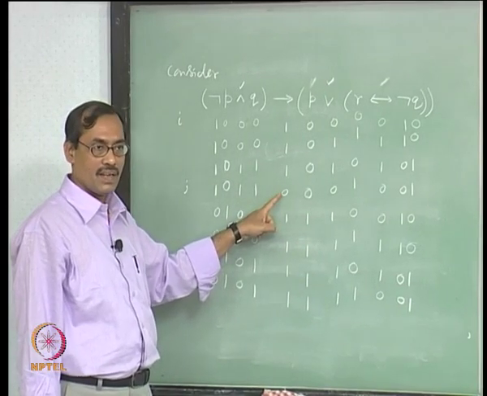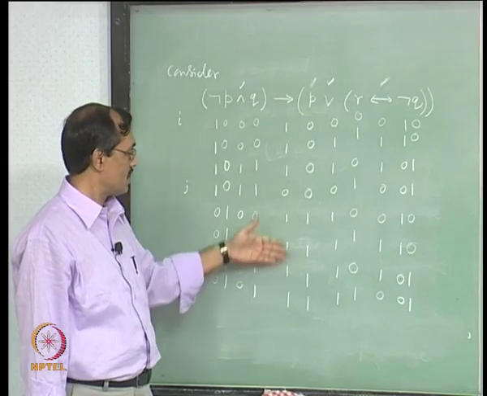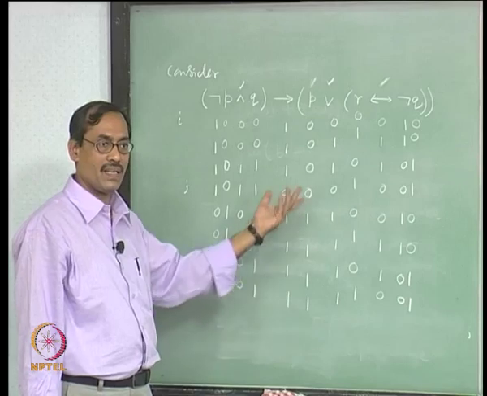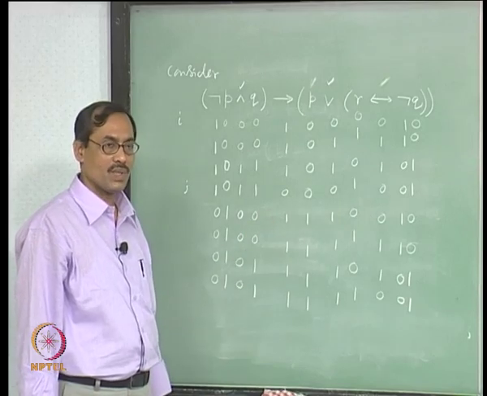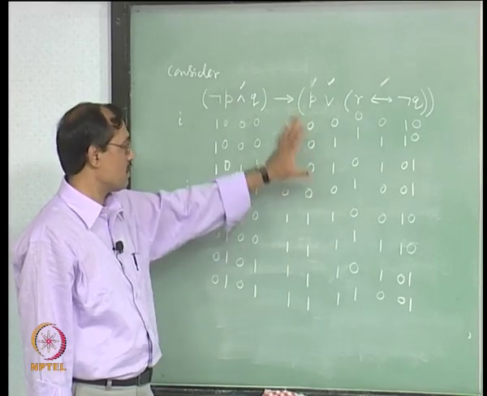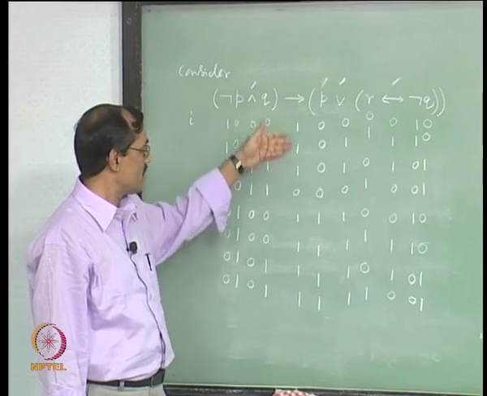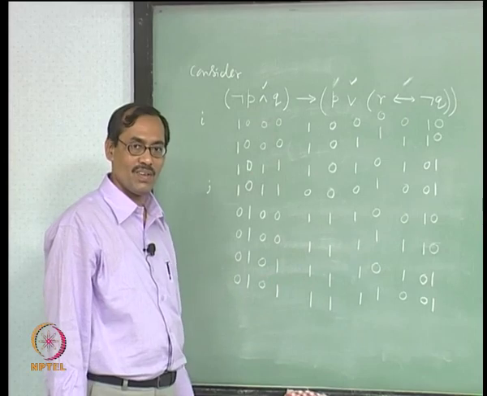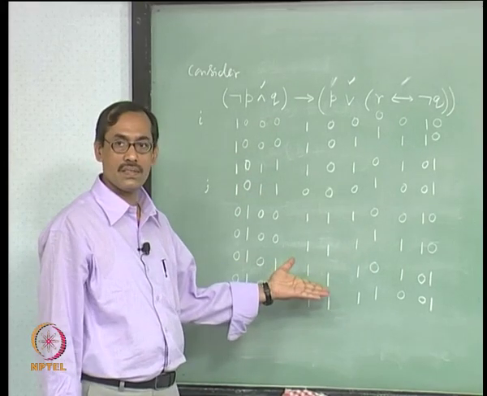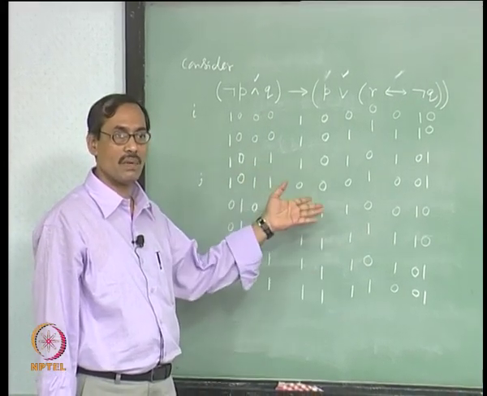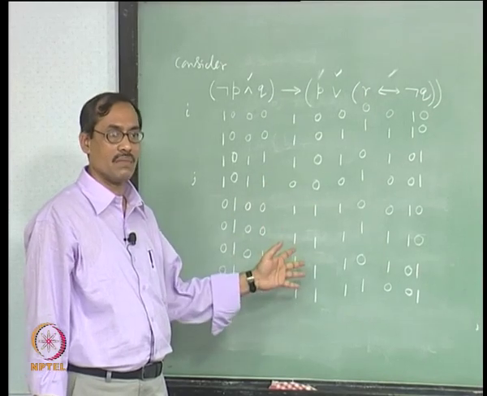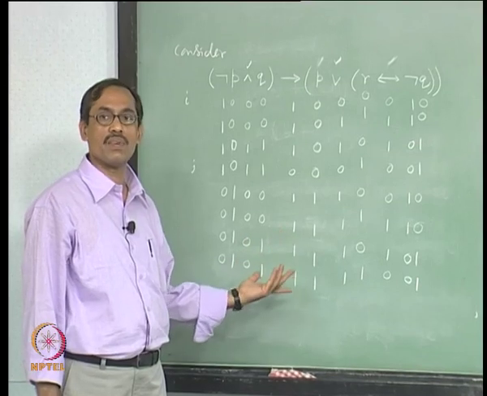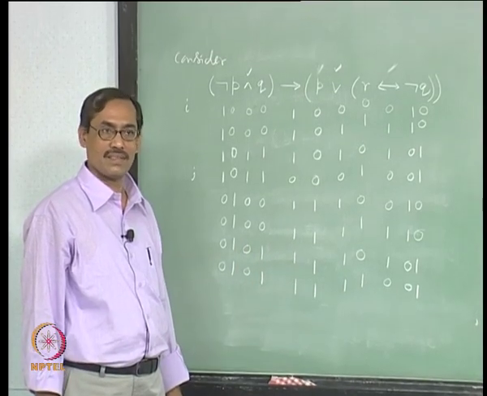fine. Now you see there can be various possibilities of assignment of 1s and 0s to any arbitrary proposition. So it might quite happen that after you complete the truth table you get 1 everywhere, or you may get 0 everywhere, or you may get something like this, where some rows are evaluated at 1 and some rows are evaluated as 0, right. So you want to give different names for all these things, fine.